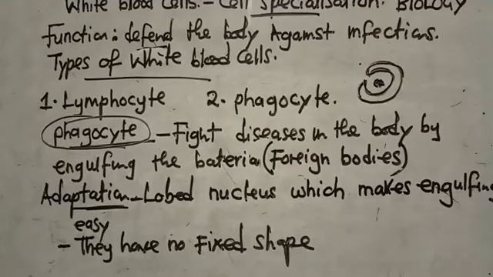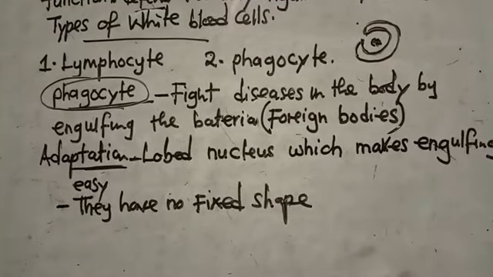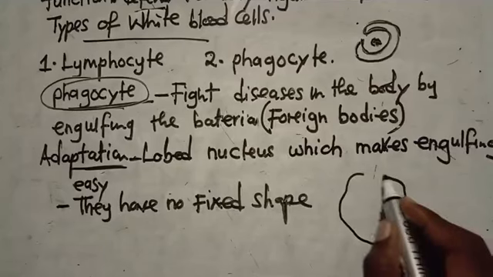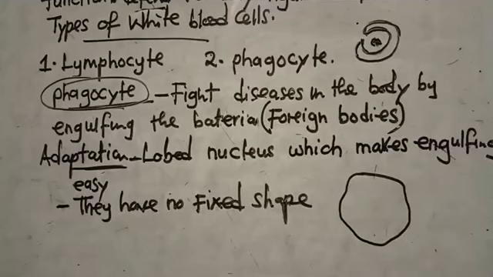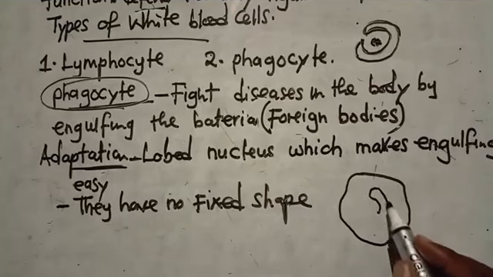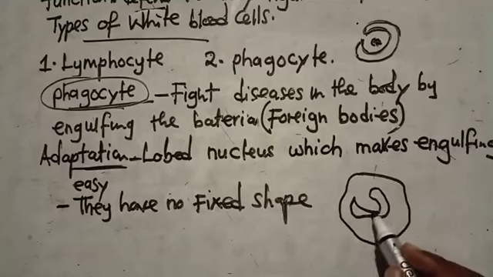So if we were to write a phagocyte, we are going to draw a phagocyte. This is a white blood cell. To be specific, this is a phagocyte. A nucleus is like this. Have you seen how this nucleus is?